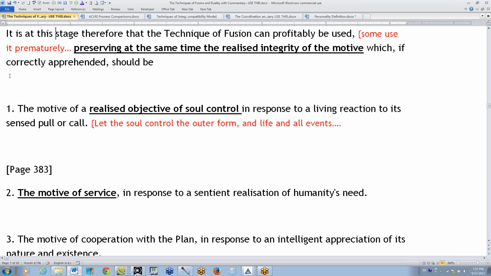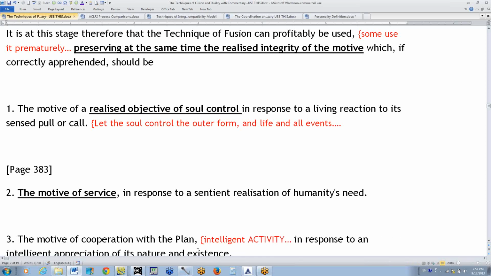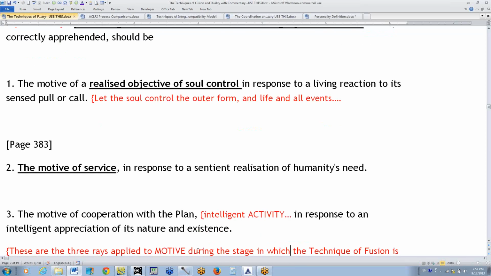The motive of service, sentiency, that's the second ray. The motive of cooperation with the plan, which is intelligent activity, the activity aspect, the third ray, in response to an intelligent appreciation of its nature and existence. So when the technique of fusion is being used, soul control is the objective, service is the objective, cooperation with the plan is the objective.